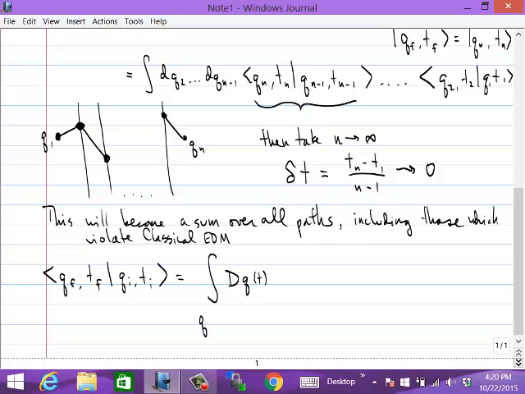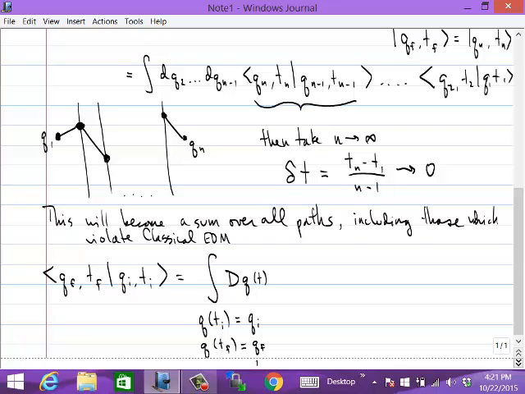And the boundary conditions on this integral, so every integral needs boundary conditions if you want to get a number out of it, are that this function Q of t should have fixed values at its endpoints, namely that Q at t initial and t final should be Qi and Qf.